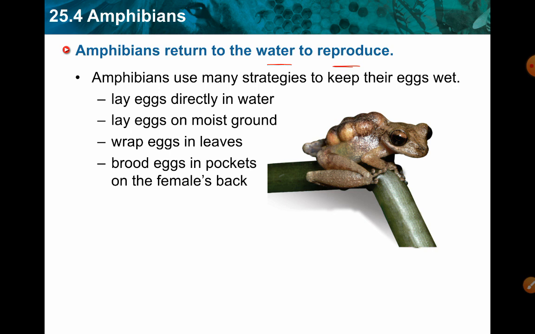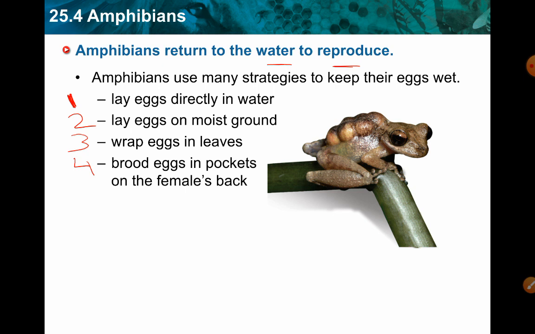Number one, they can lay eggs directly in water. Number two, they can lay eggs on moist ground. Number three, they can wrap eggs in leaves. And number four, as you can see in this figure in front of you, they can brood eggs in pockets on the female's back.